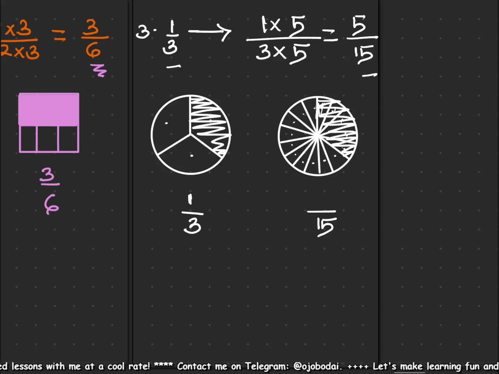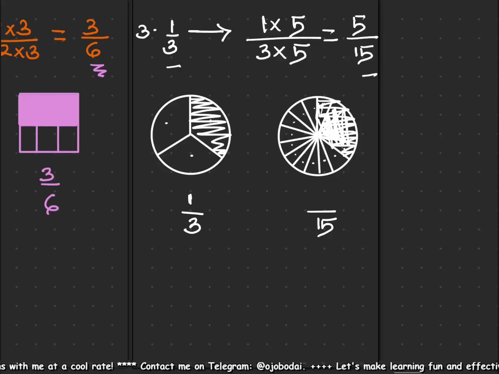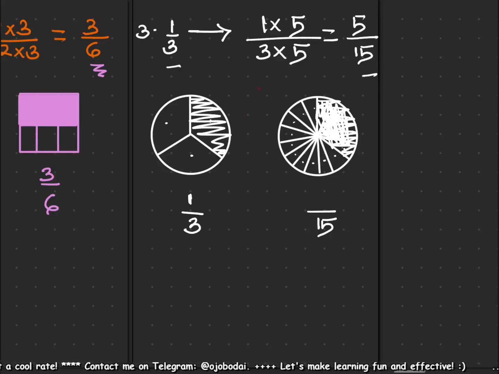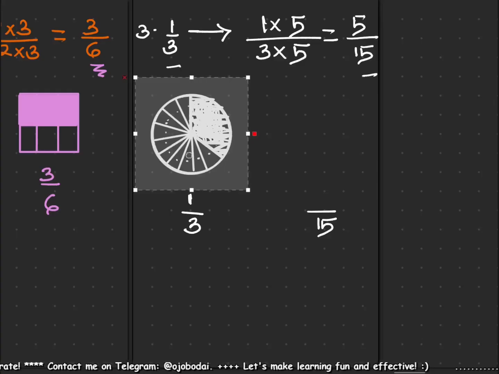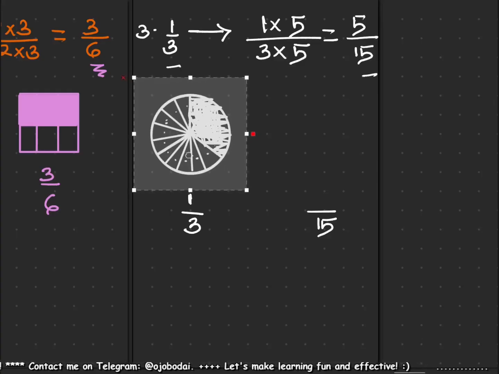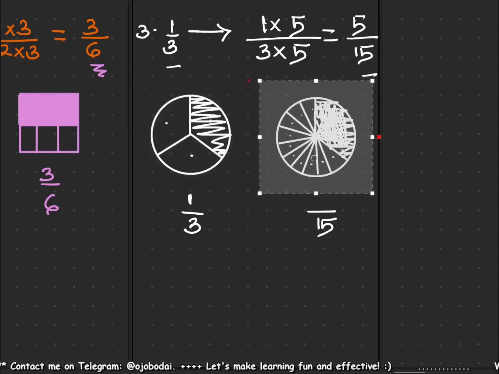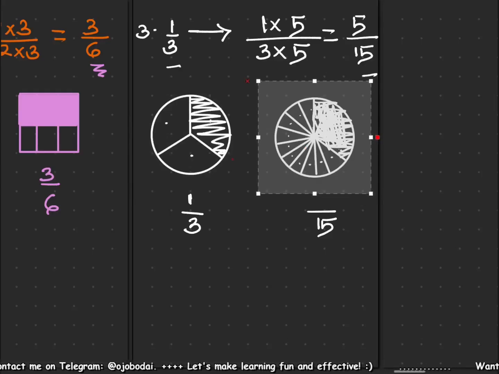Looking at what we have shaded out, they are looking the same, especially the remainders. All right, such that if I'm to take all of this here and fix it on this, you see they look quite the same. You see how they are? Yes. So these are equivalent fractions and how we can find others.